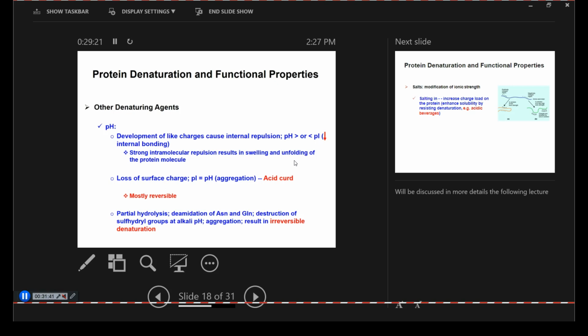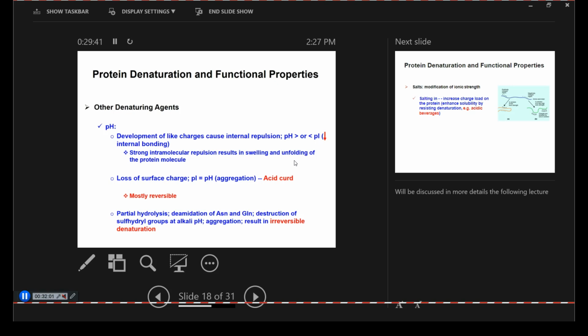However, on another effect of pH, if the pH is at the isoelectric point, such as acid curd generation of the curd in milk, in this case you lose charge.